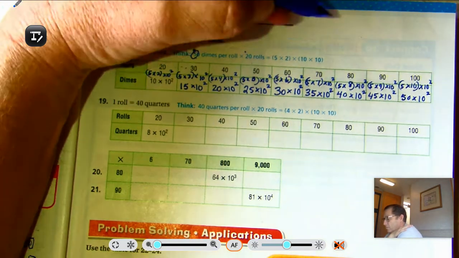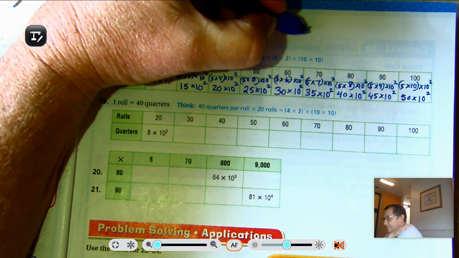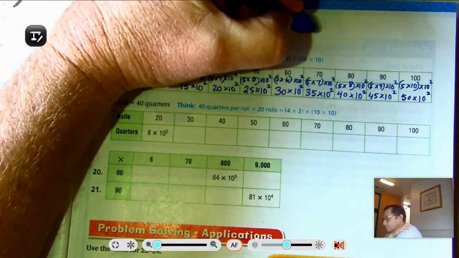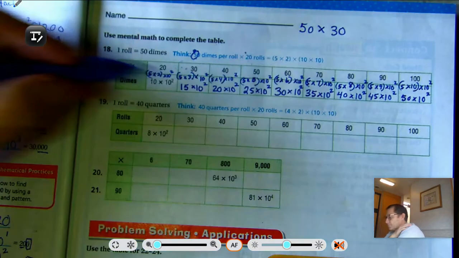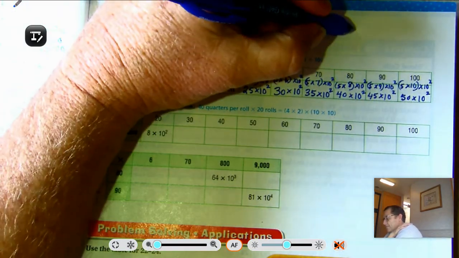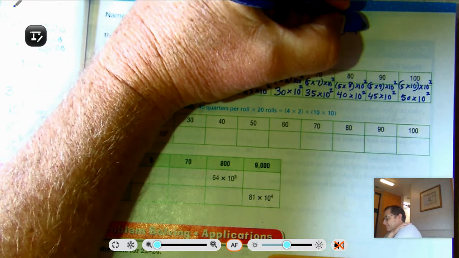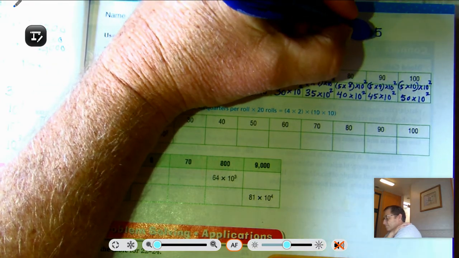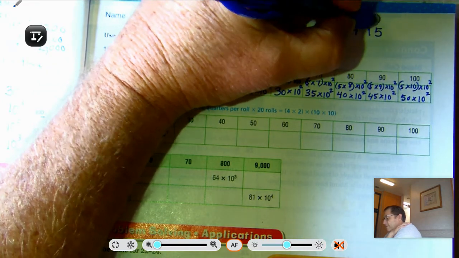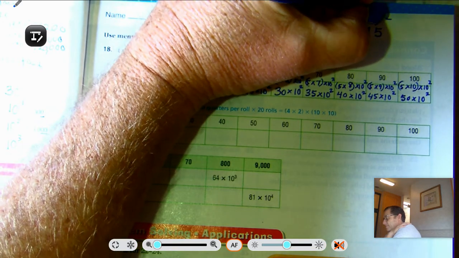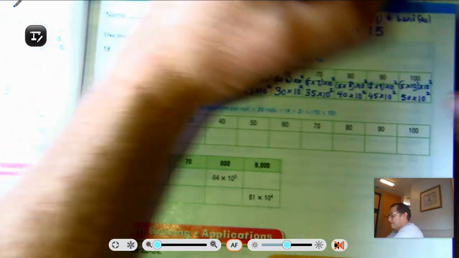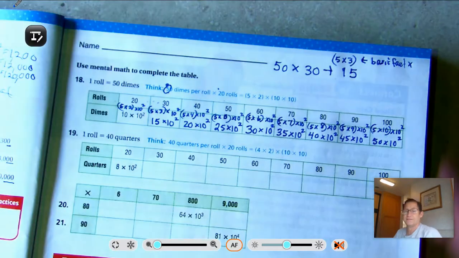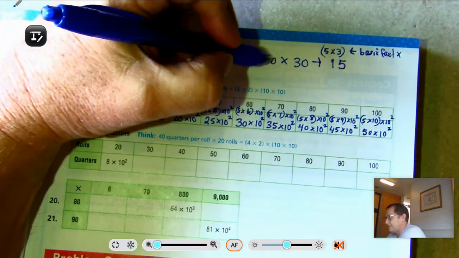Okay, so if we look at it one more time, we have 50 dimes per roll times 30 rolls. Well, we took the basic math fact, 5 times 3, 15, times how many tens?